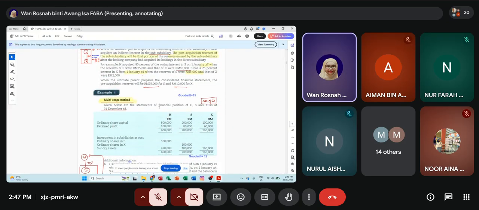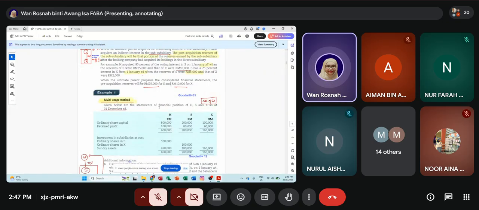Okay. So let's look at this multi-stage method where we have a vertical group structure. Okay, we go to the questions. Before we jump straight away to the task questions, I noticed your task questions are for the complex group structure.